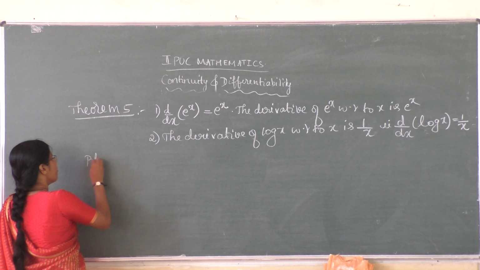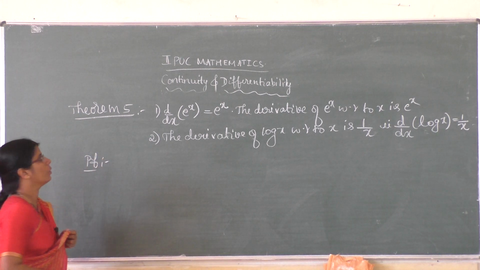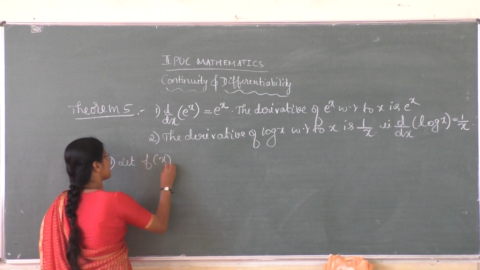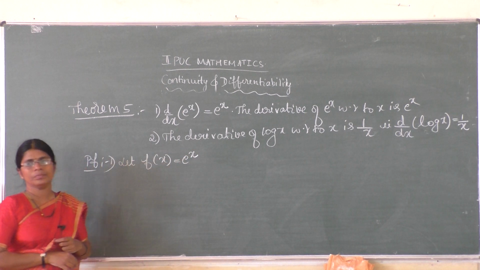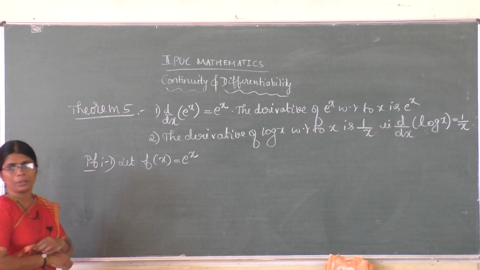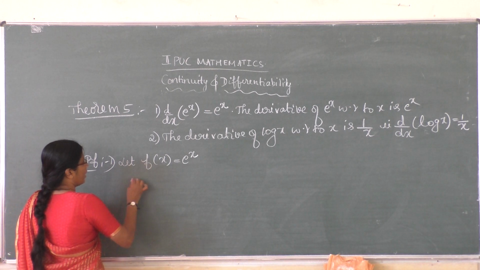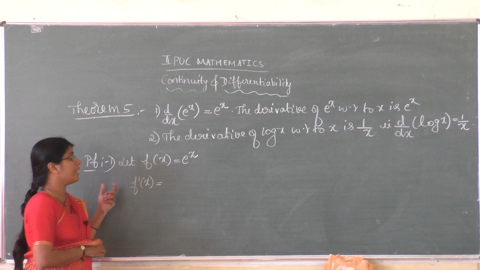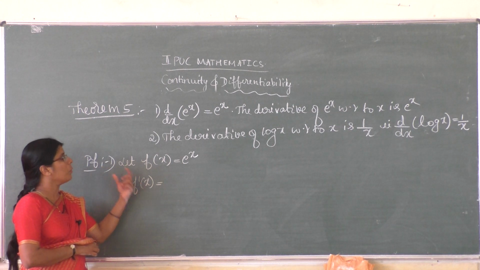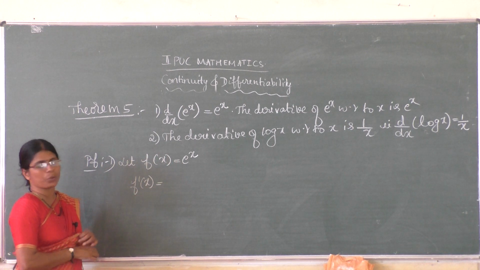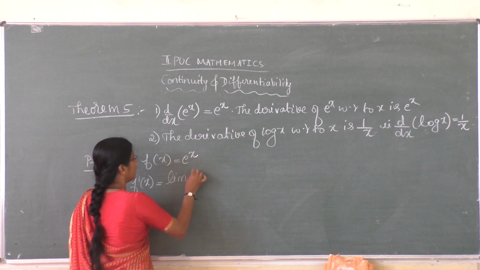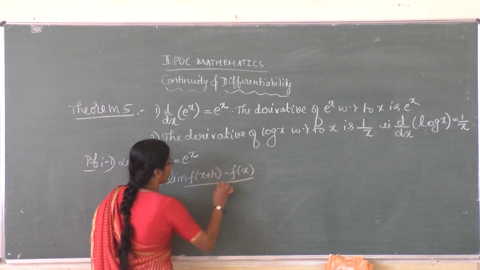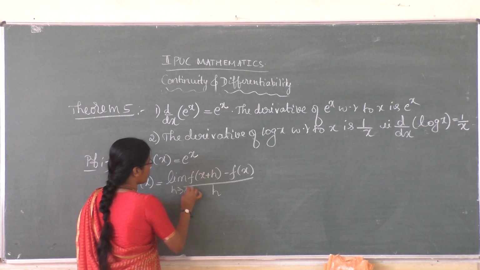Now we give the proof of this. We have to use first principle. For the first one, let f of x be equal to e to the power x. Now f dash of x, by first principle which we studied in first PUC, is the limit of f of x plus h minus f of x divided by h as h tends to 0.